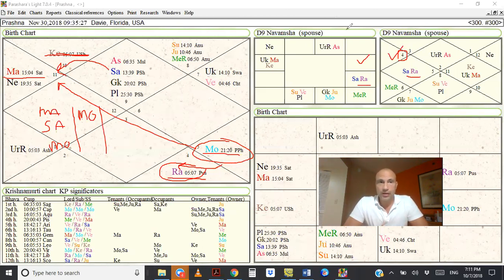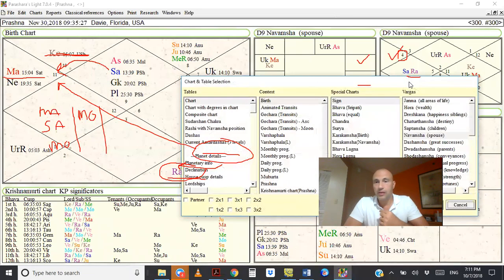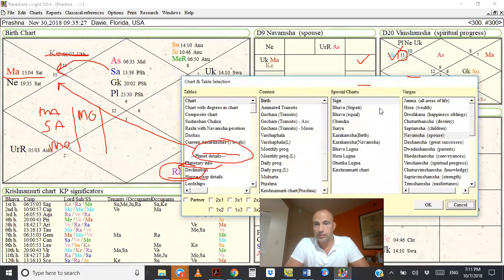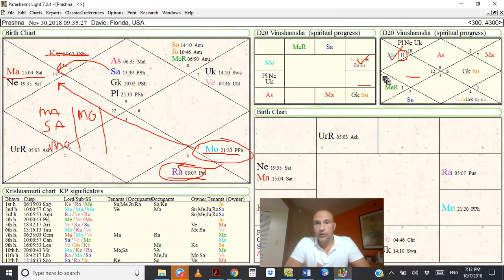All right, now let's go to our third technique, which is simply doing the same thing in the Vimshamsha, the D20. So let's take a look at the D20 here and do the same thing. Find Rahu.